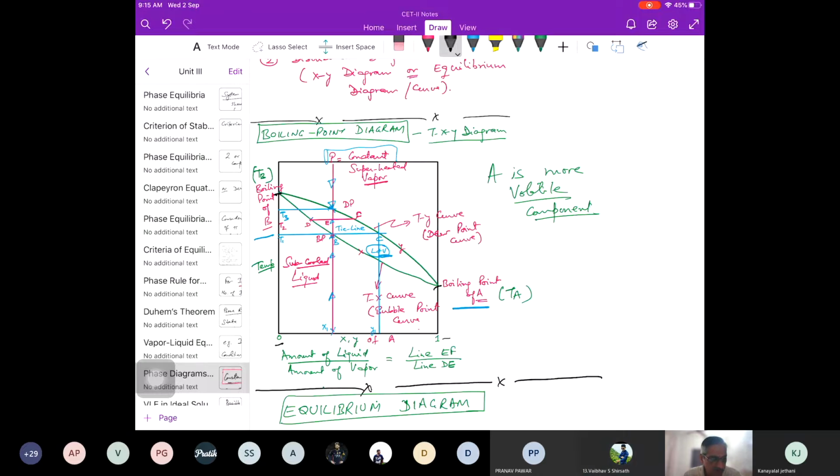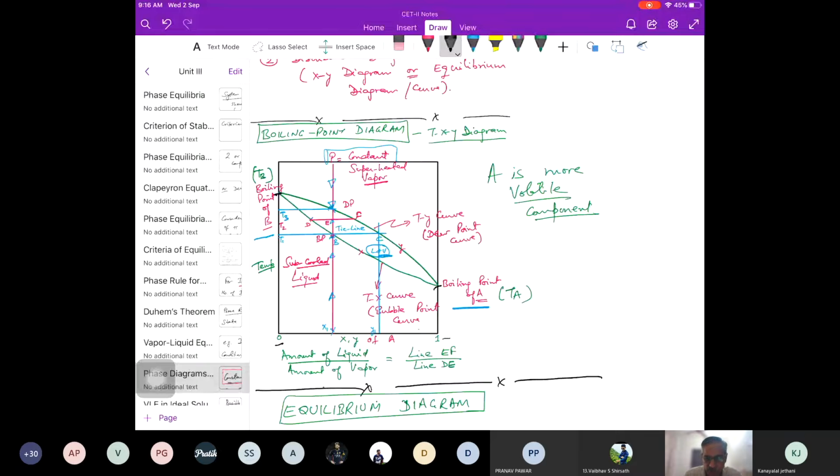First bubble, when you start increasing temperature of a solution, which may contain two components, is the temperature at which the first bubble starts forming. That means it is completely liquid, पूरा लिक्विड फेज में है, सिर्फ फर्स्ट बबल फॉर्म होना शुरू हुआ. That is why it's called TX curve, bubble point curve. वहाँ पर पूरा लिक्विड ही रहता है.